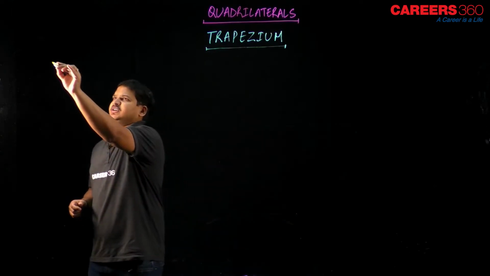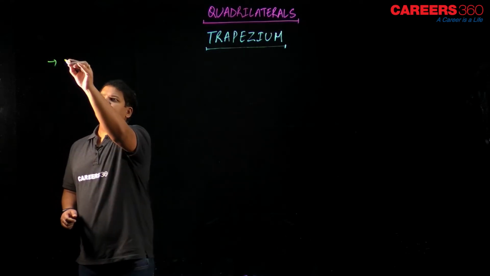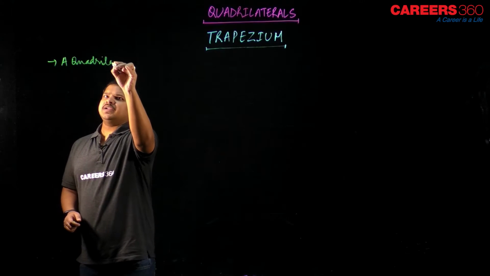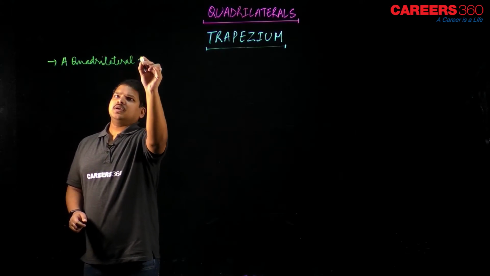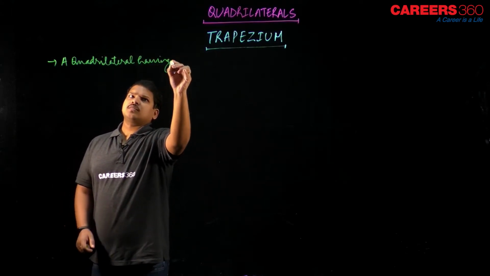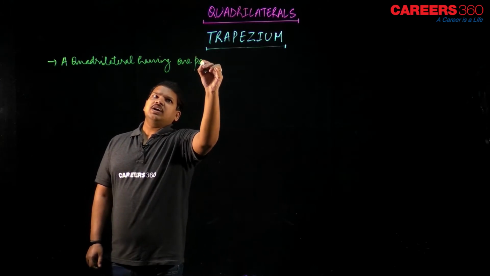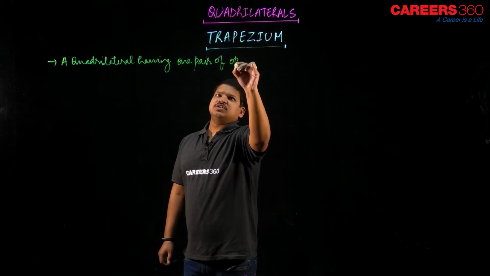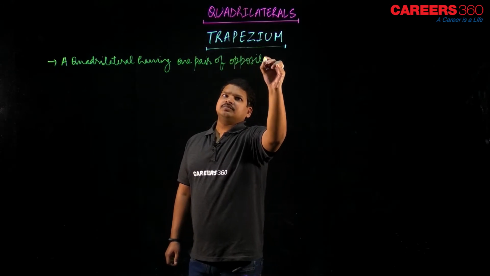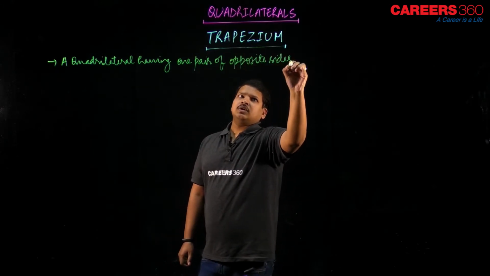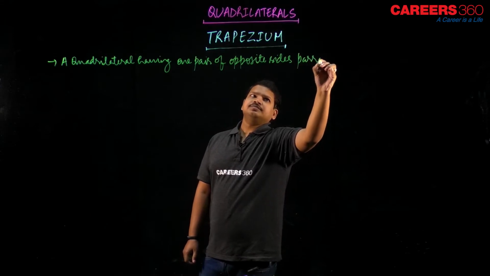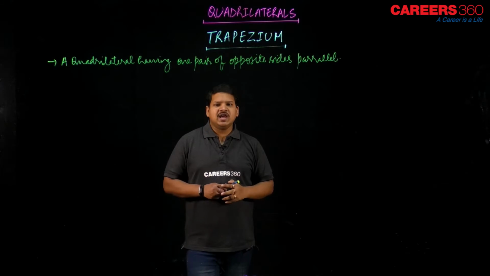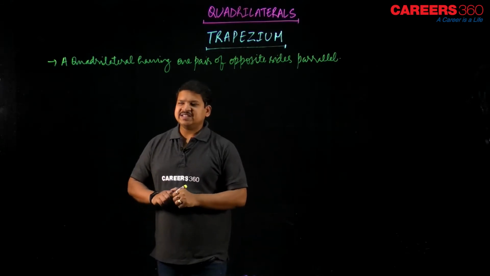By definition, a trapezium is nothing but a quadrilateral having one pair of opposite sides parallel. A quadrilateral having one pair of opposite sides parallel.